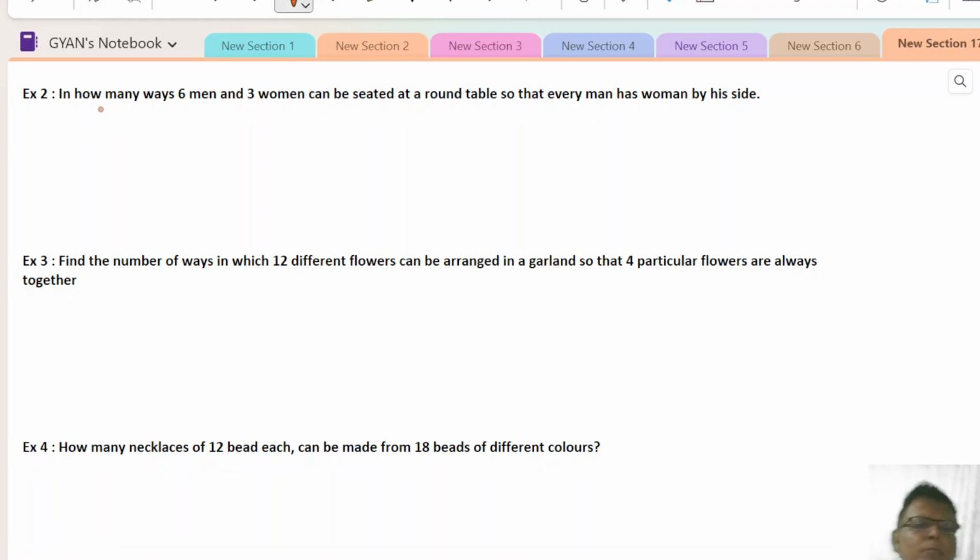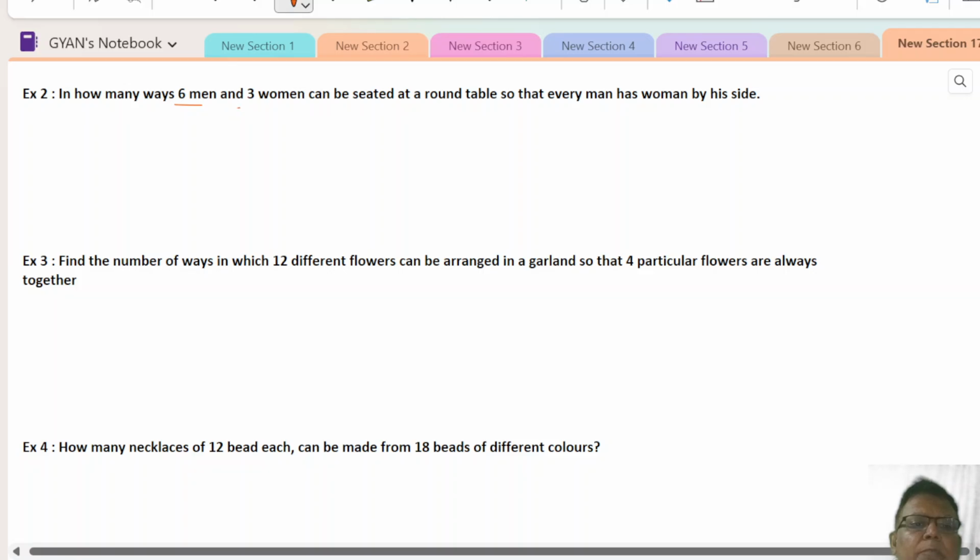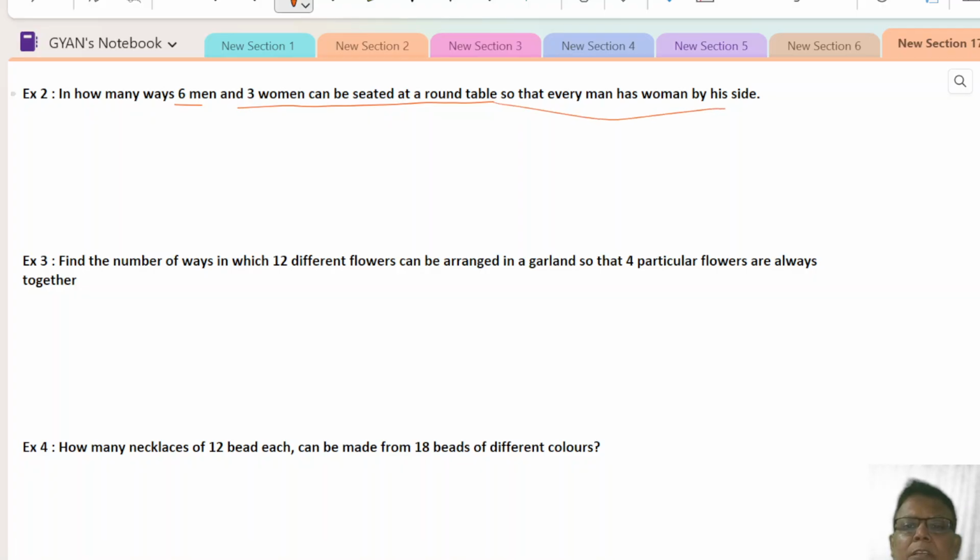Now we'll be solving a few more questions of circular permutation. Here, in how many ways can 6 men and 3 women be seated at a round table so that every woman has a man by her side? First you arrange the women.